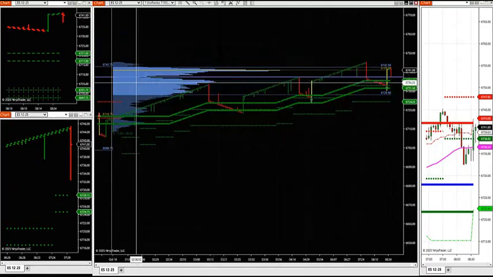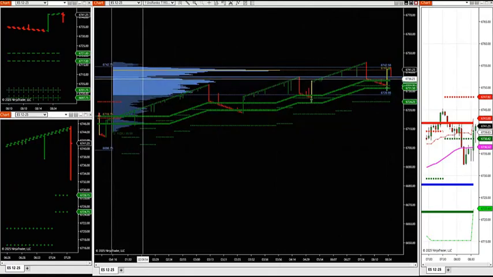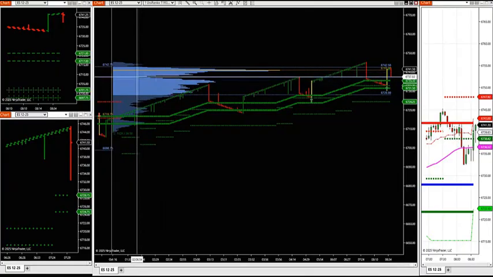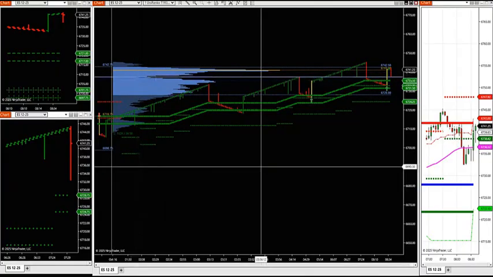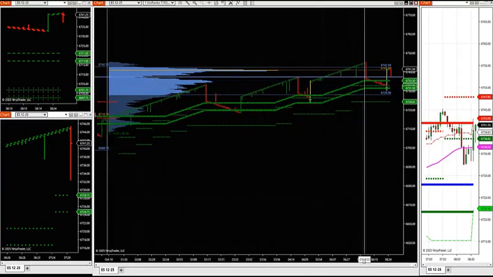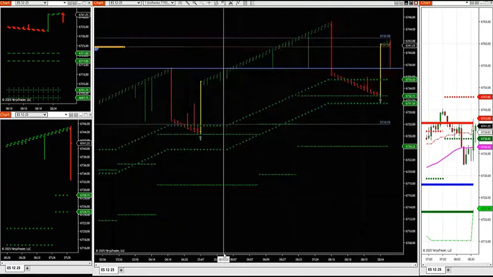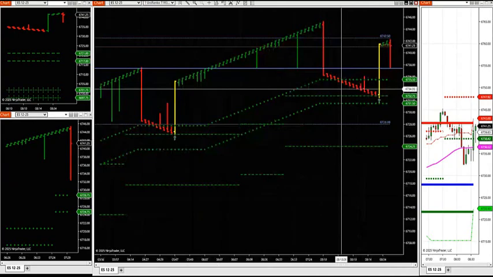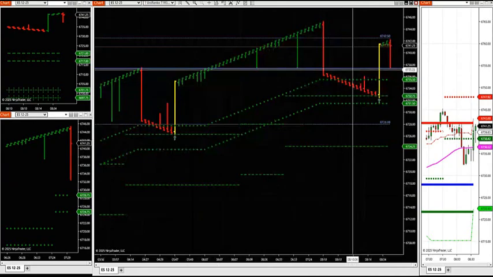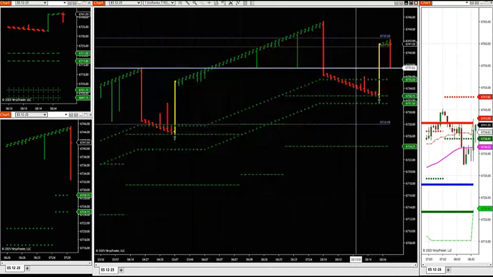So what you want to do for you traders that have lifetime NinjaTrader lifetime licenses, I'm sorry, put that on there on your charts. It's a really good confluence level with our software because it lets you know where the major support and resistance is. Stopped it right to the tick right there, 37.5, the low volume node.